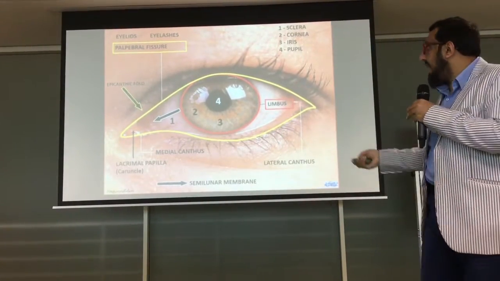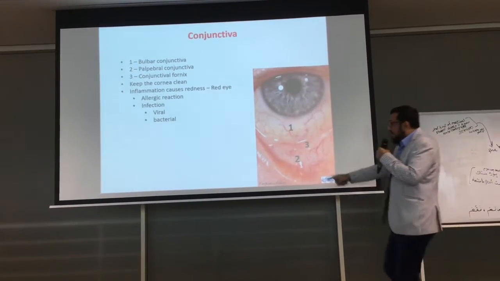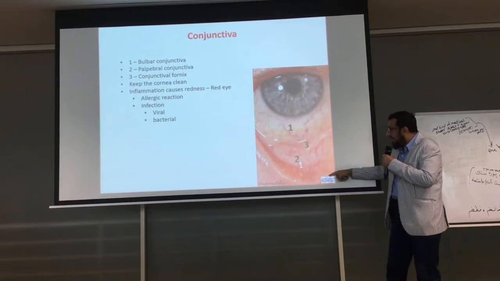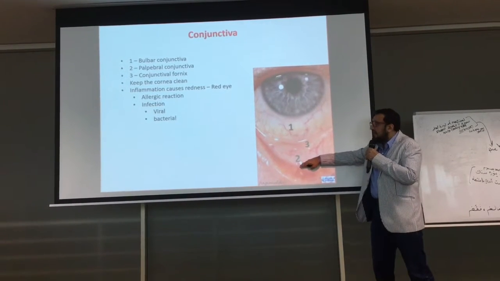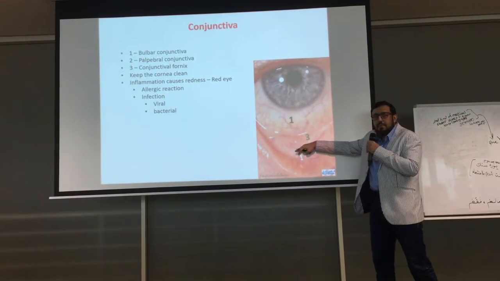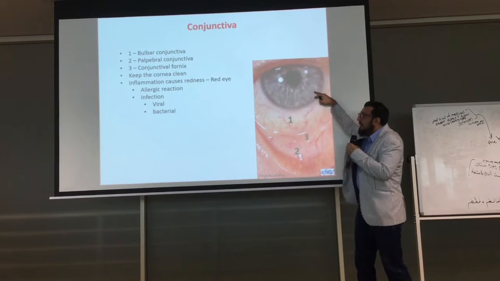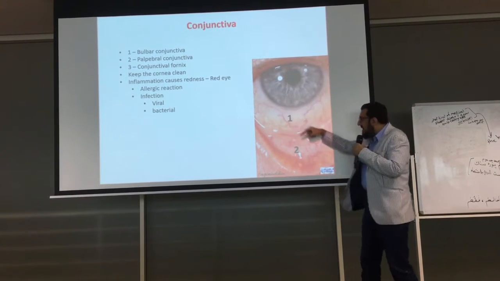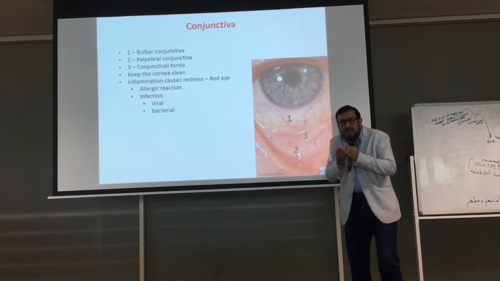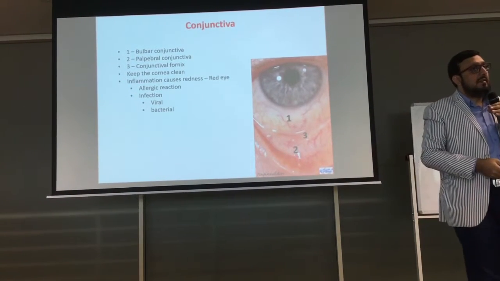So if you reflect your eyelid down, you will be able to see that it starts from here, covers the palpebral surface, hence it is called the palpebral conjunctiva, then reflects onto the bulbar part, hence called the bulbar conjunctiva. And there is a reflection which makes a cup-like structure which is called the fornix.